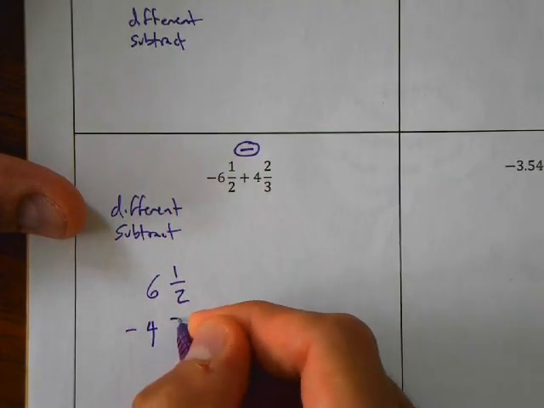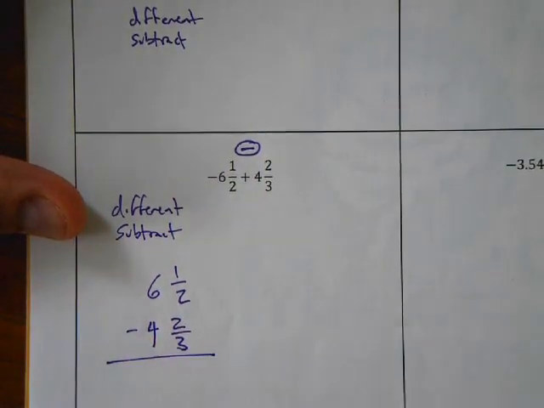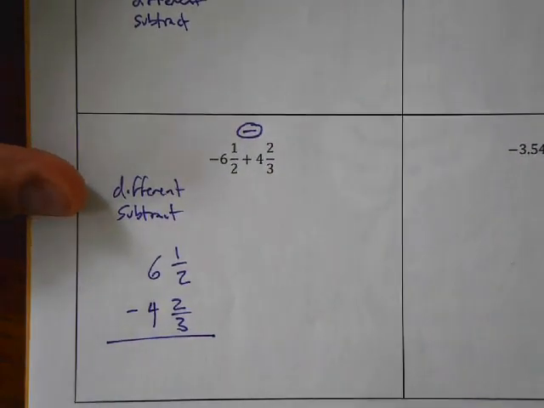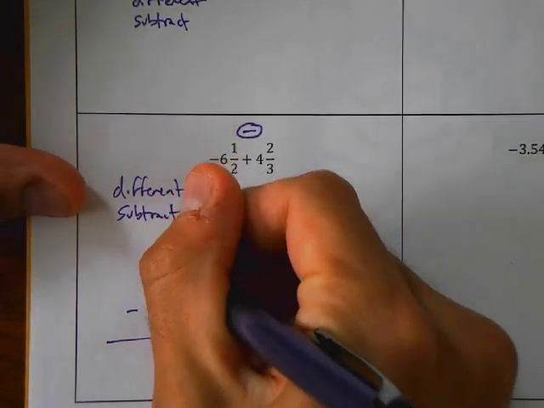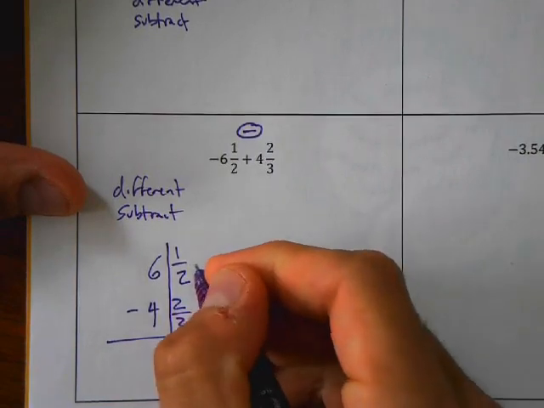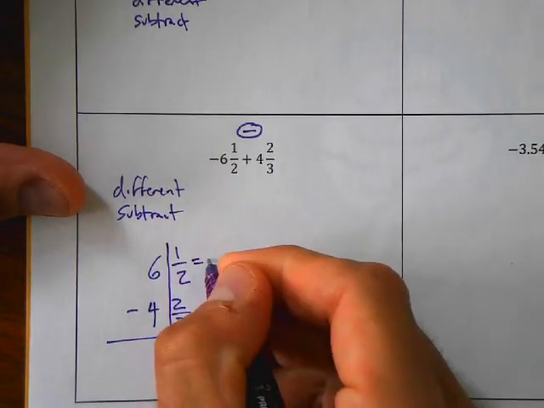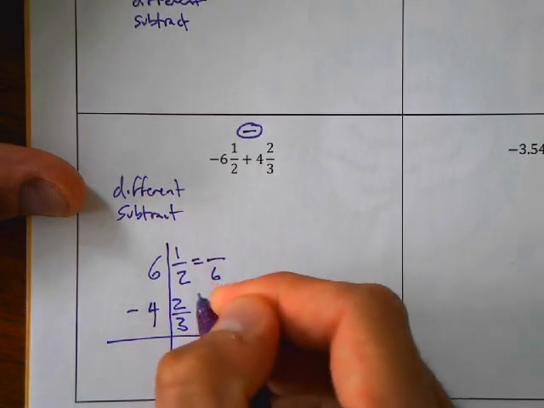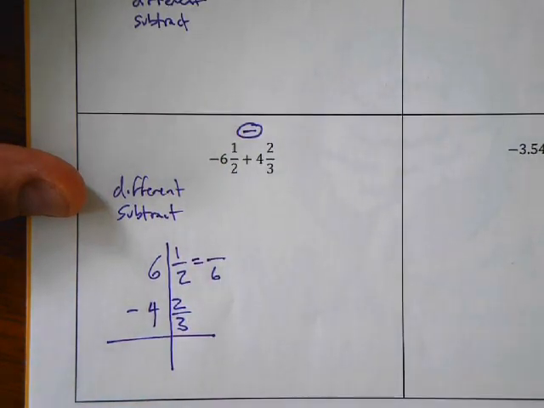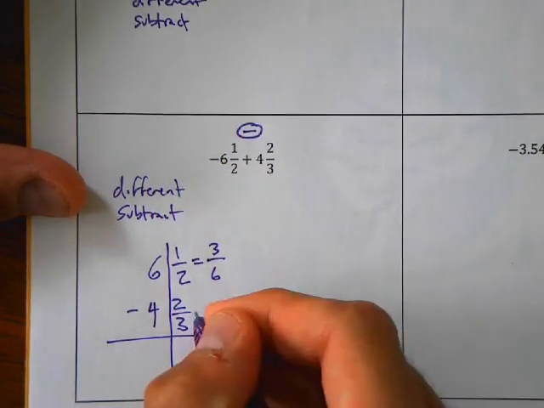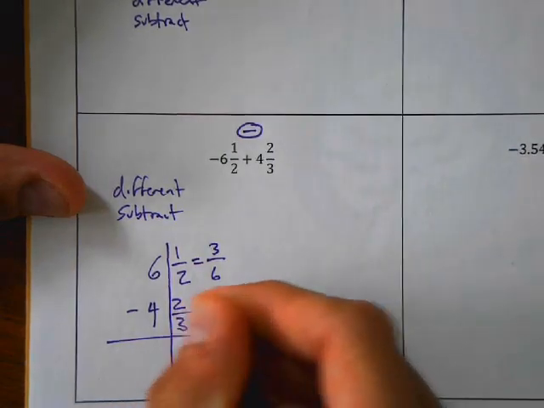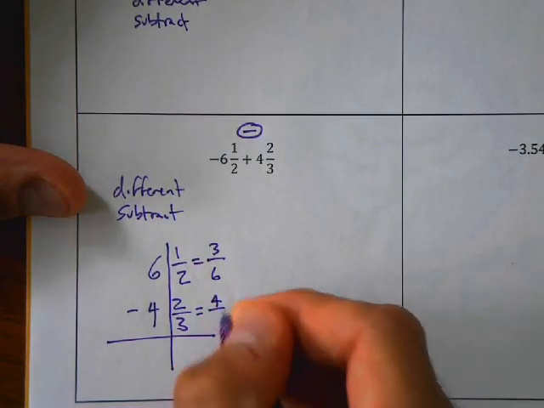minus 4 2/3. You could convert these into improper fractions. Sometimes it's easier though if you leave them as mixed numbers and go this way. So I'm going to find a common denominator. The common denominator is 6. Multiply the top and the bottom by 3, which means 1/2 is 3/6. And 2/3, multiply the top and the bottom by 2, get 4/6.